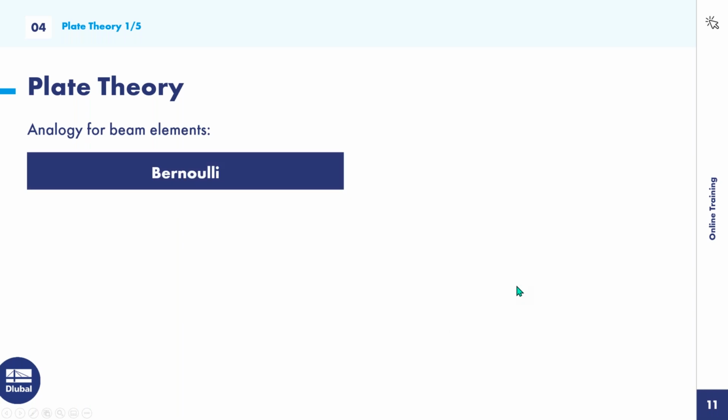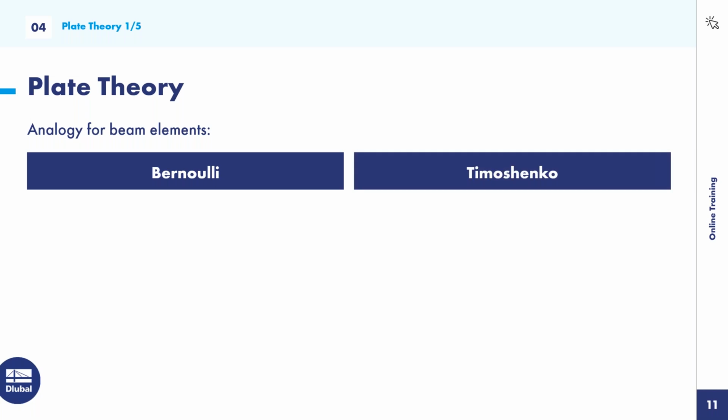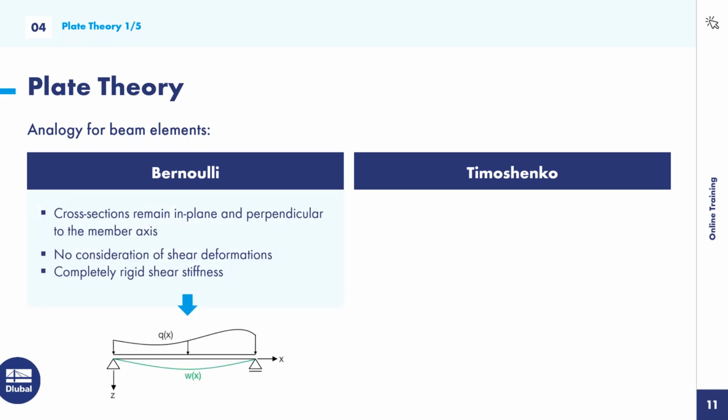So the first theory for beam elements is Bernoulli's, and the second theory is the Timoshenko theory, or what's also called the deep beam theory. With Bernoulli's theory, we're making some assumptions.